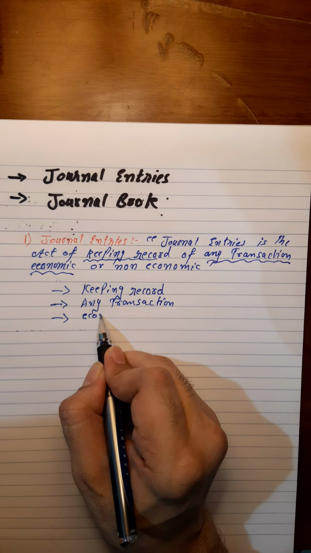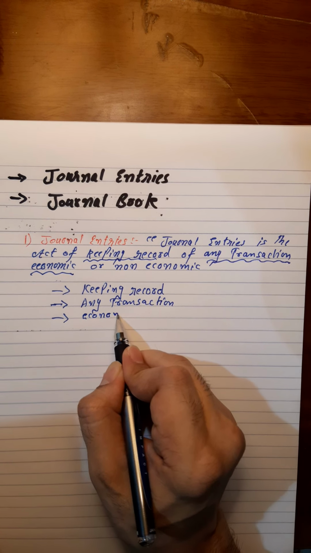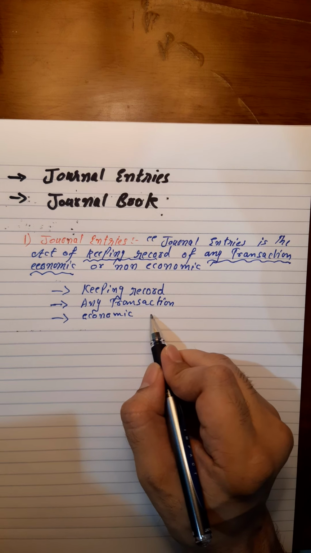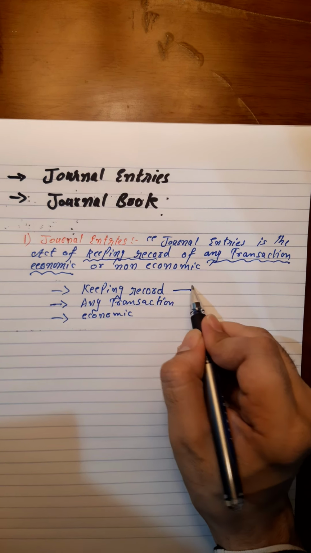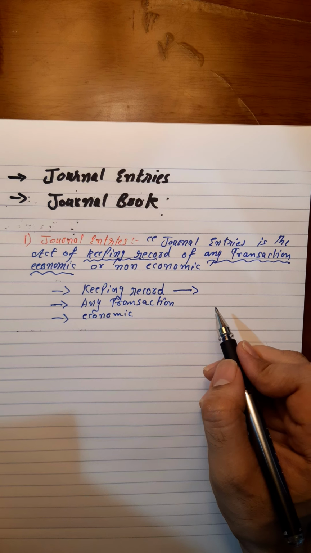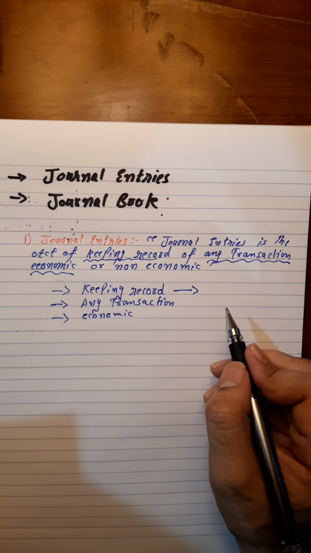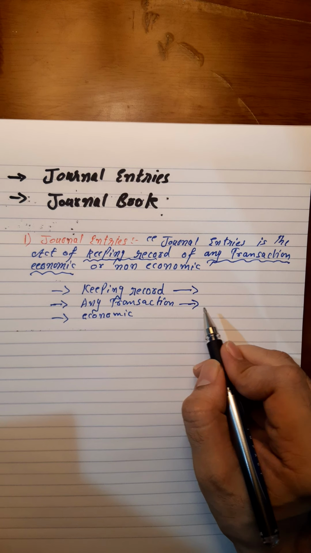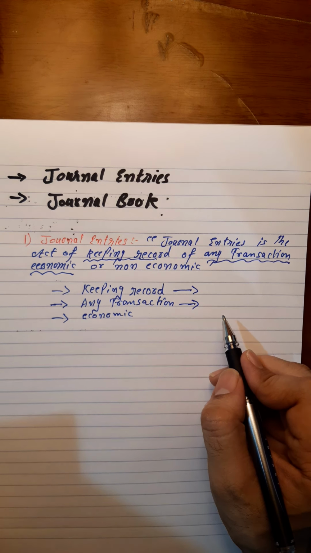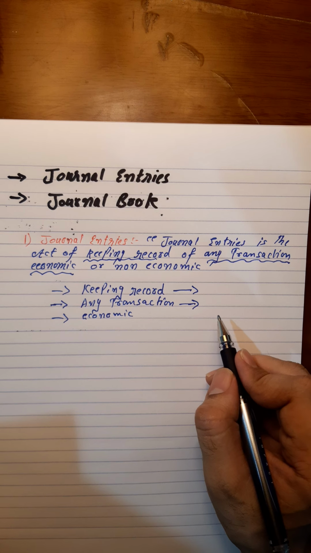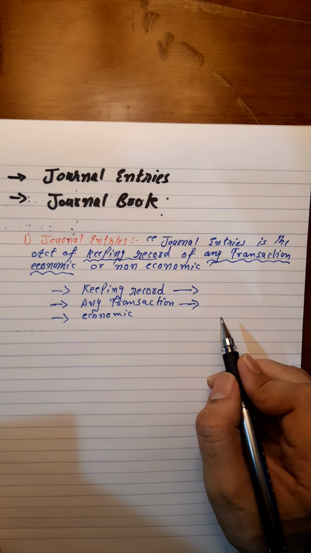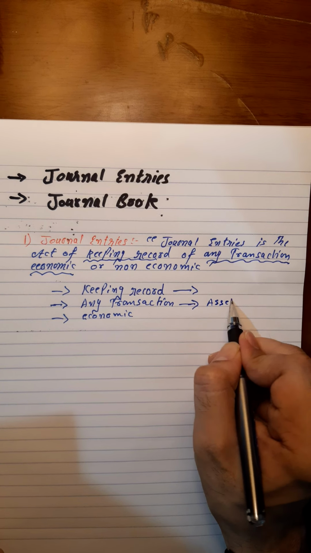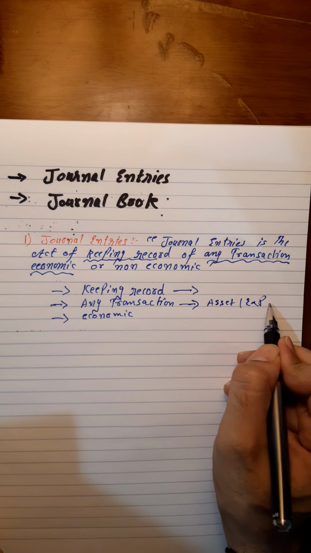Any transaction, economic and non-economic. Now I will show you how we keep the record. Any transaction means, for example, in a business we purchase assets, we purchase machinery, we incur expenses.